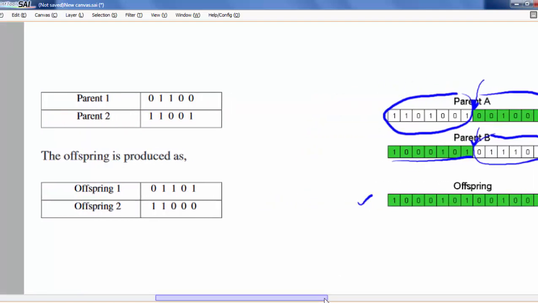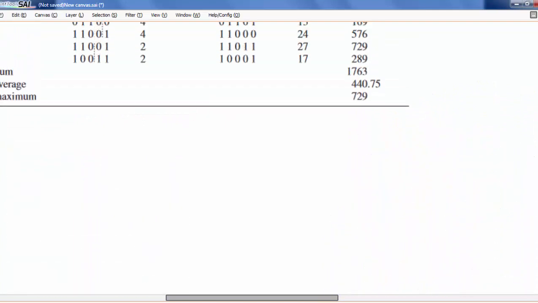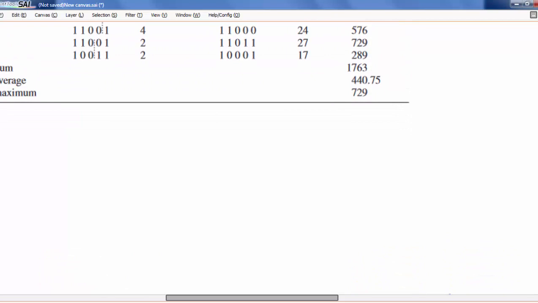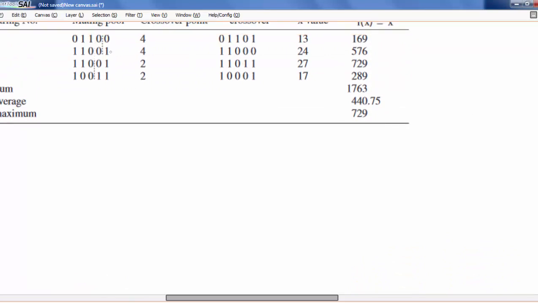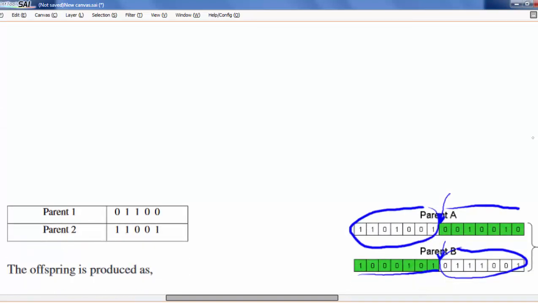Okay, so in our case, we take the first one here and this one, and we take this point first, this area.